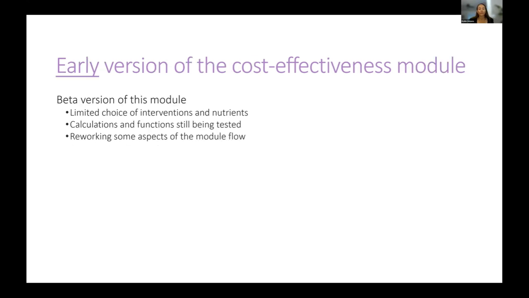Final thing to just very quickly mention before we go into the tool is that the cost effectiveness module is still very much in a kind of limited beta version. And you'll see that you'll only be able to model interventions from Malawi. The intervention choices are limited to LSFF for food fortification, and the food vehicle choices are limited.